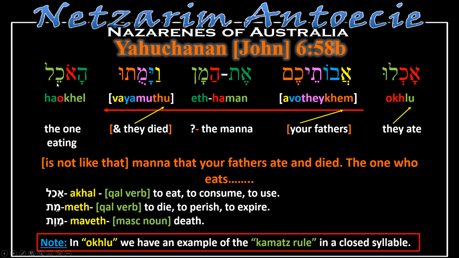We haven't got the segol, which would make it a noun. The one eating. And so, is not like that manna. So the one coming down from the heavens is not like that manna that your fathers ate and died. The one who eats, and I've used as a participle the one eating.